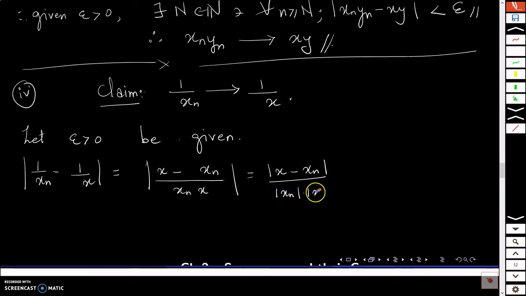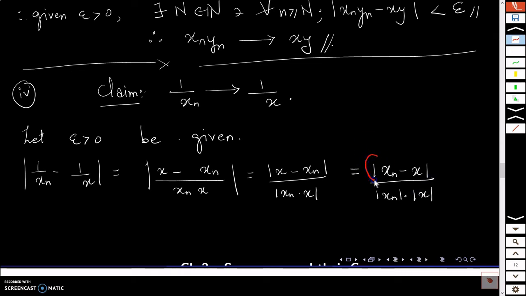Now let me keep this together for now. This is the same as, I can reverse their order because they are under modulus, that will remain the same. And here I can distribute the modulus to both of them. Right? So this is what I have. Now let's see what we can do with this.